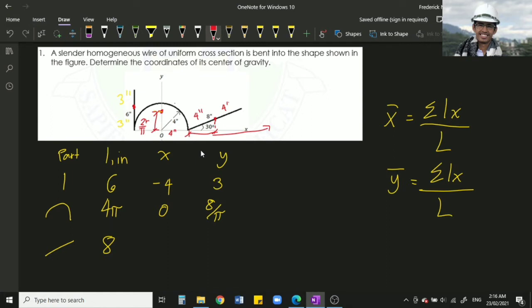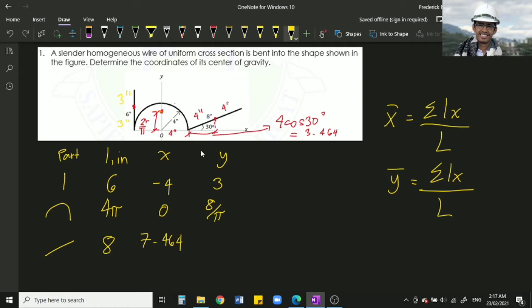Okay? So, this will be equal to, meron tayong given na angle, so that will be 4 yung ating hypotenuse, so cosine yung gagamitin natin. 4 cosine 30 degrees. Okay, so that will be equal to 3.464. So yung x natin will be 4 inch plus 3.464. Okay, so that will be equal to 7.464.